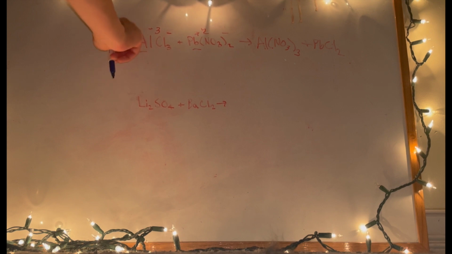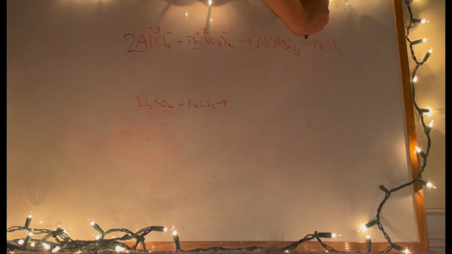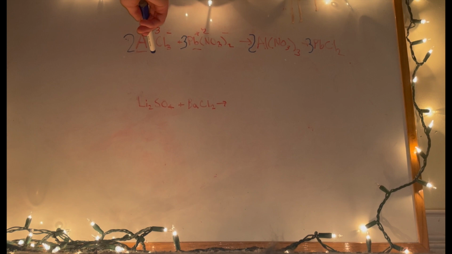We're going to change this to 2 and this to 3. So we have the same amount of chloride on both sides. And knowing that, we're going to change this to 2 and this to 3. And that will give us 2 aluminum on each side, 6 chloride on each side, 3 lead on each side, and 6 nitrate on each side.